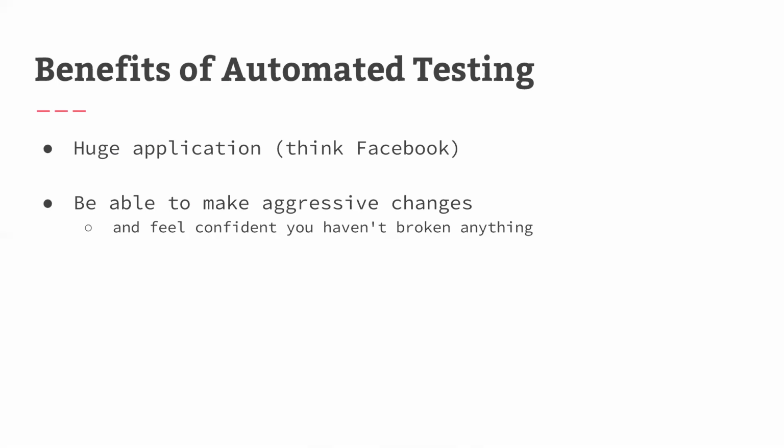Automated testing really helps with that. If you have your tests well designed and they cover all of your code, you can feel good that if you make a change and then you run your tests and they all pass, that your code is in good shape.